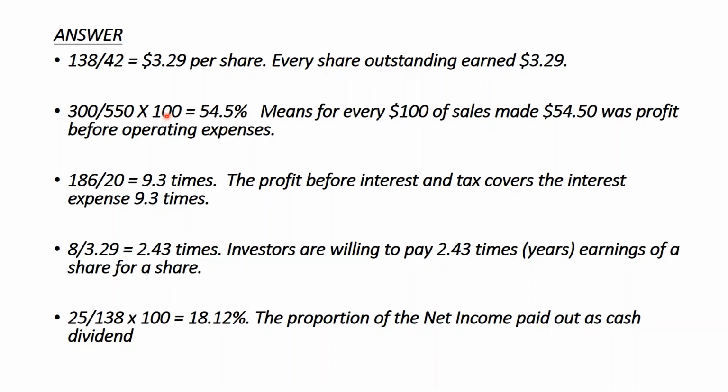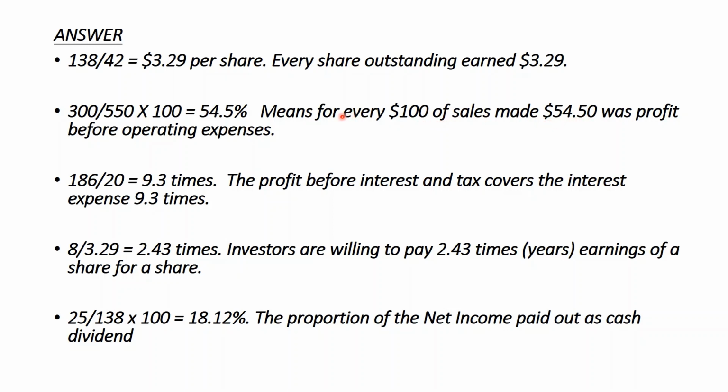Next, we have the gross profit percentage. What it means is that for every $100 of sales made, $54.50 was profit before operating expenses. You must have this piece here, otherwise this other piece becomes misleading.